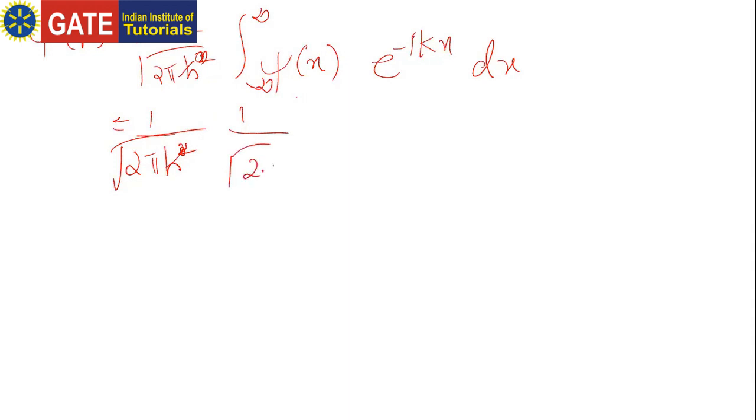1 by root 2a integral, here the limit is from minus a to plus a, e power minus ikx dx.